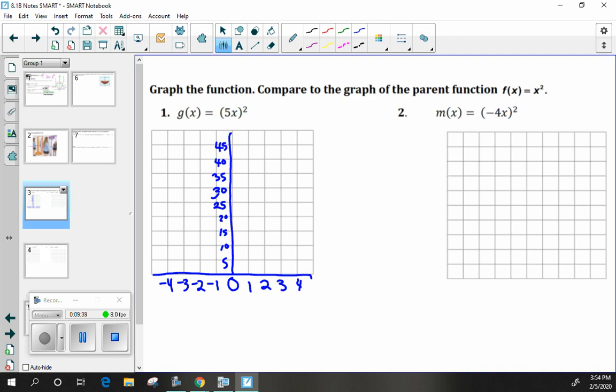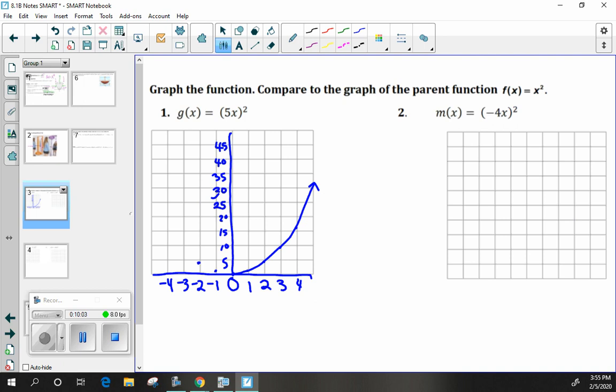Now going back to graphing our parent function, so 1 times 1 is 1, that should be about right there. 2 times 2 is 4. 3 times 3 is 9. 4 times 4 is 16. So as you can see, it's going to be a lot wider than yesterday's. Negative 1 times negative 1 is 1.